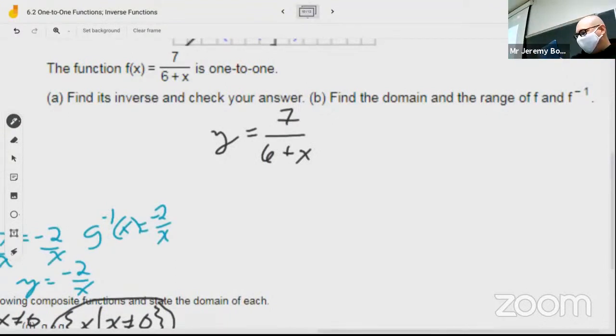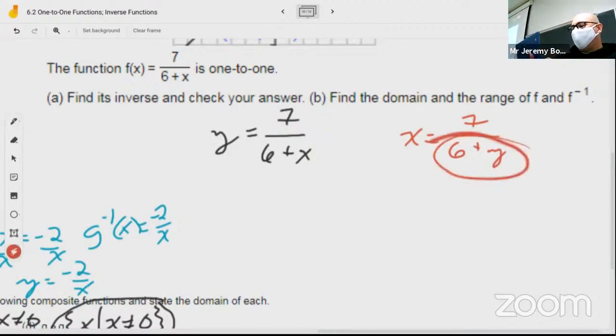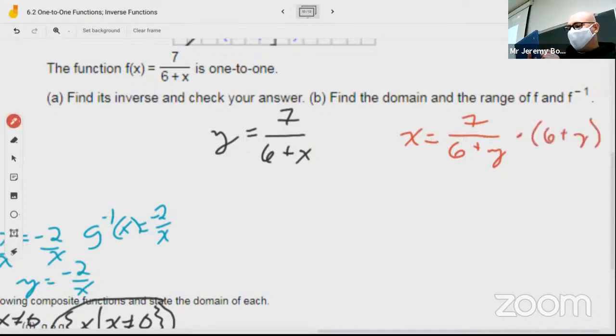That's when we're actually finding the inverse. And so we're going to have x is equal to 7 over 6 plus y. And now the hardest part, in my opinion, we need to solve for y. We got a fraction with the y in it, the variable we want to solve for. Let's multiply both sides by that denominator.